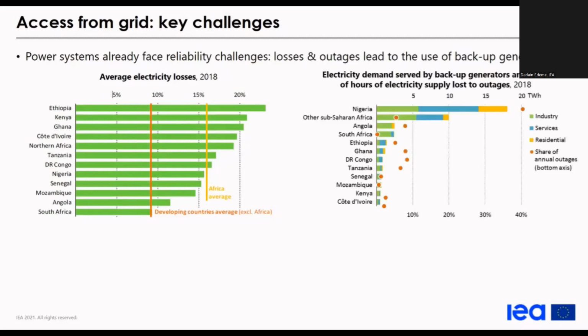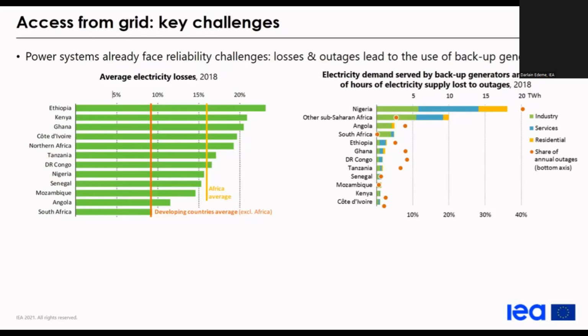Another way of looking at one challenge for grids and utilities is the outages that can be observed in countries like Nigeria. Our analyses have shown that it can be up to 40% of annual outages over the year, and this can lead customers to rely on backup generators, which will be able to supply some electricity when there is an outage or a blackout of the central grid.